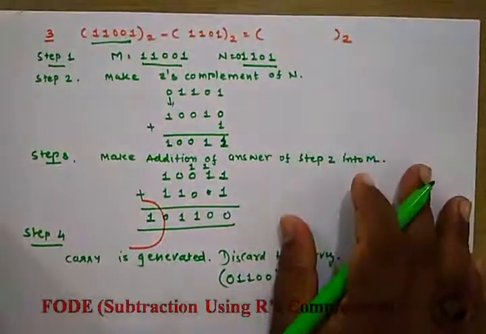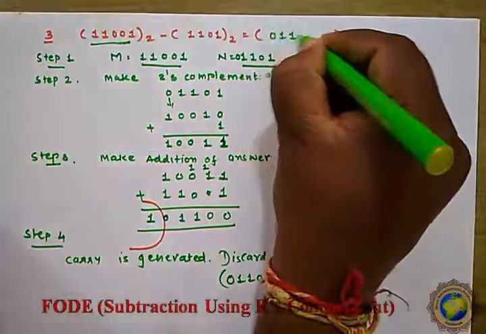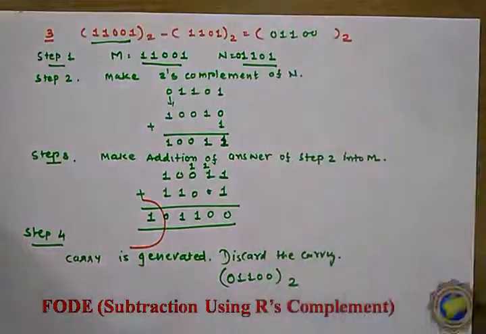Here you have to write the answer, that is 0 1 1 0 0. Okay, so this is step number 4 of performing subtraction using R's complement. This is one method of how to do subtraction with the help of R's complement.